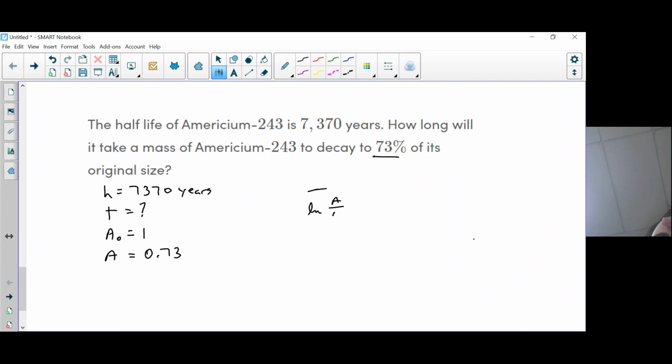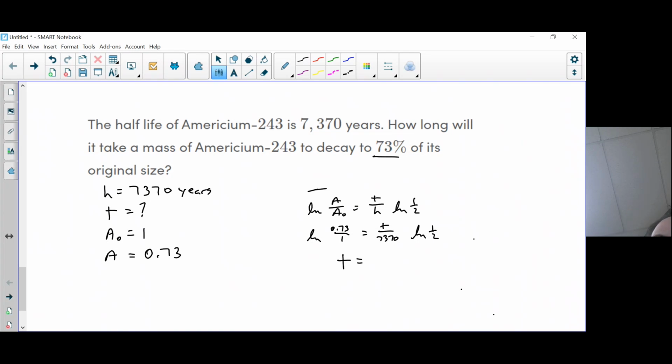Ln of A over A0 equals t over h ln of 1/2. And I'm going to plug in what I know. So this is ln of 0.73 over 1 is t over 7370 ln of 1/2. So I would work on my calculator.